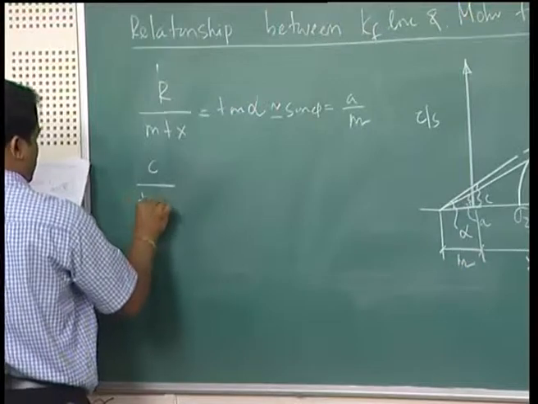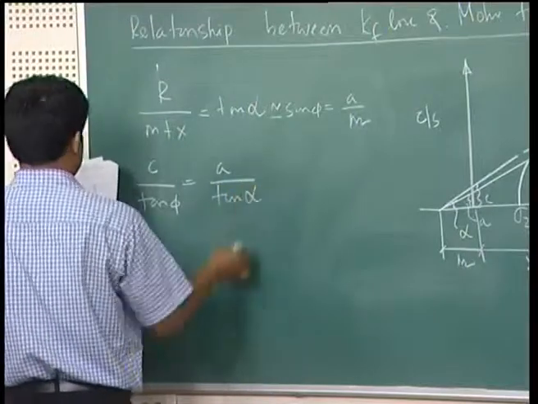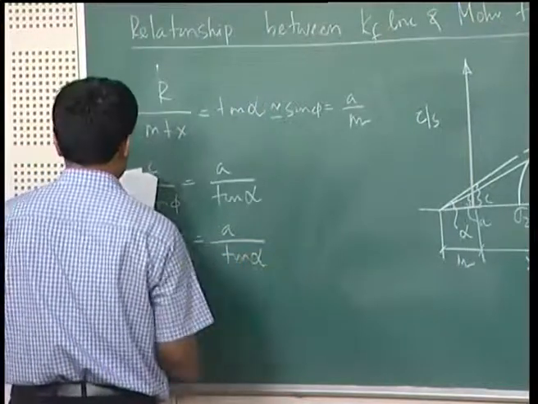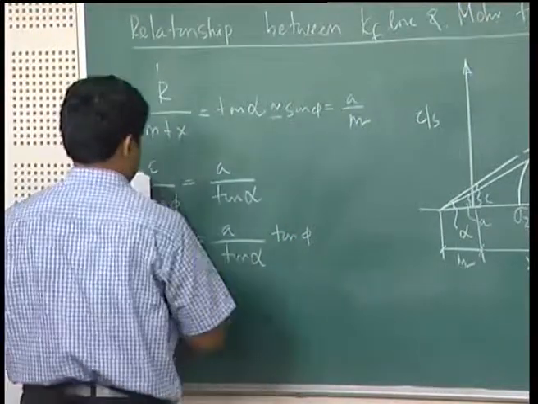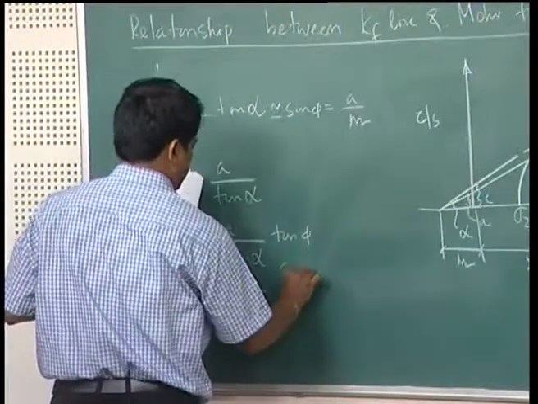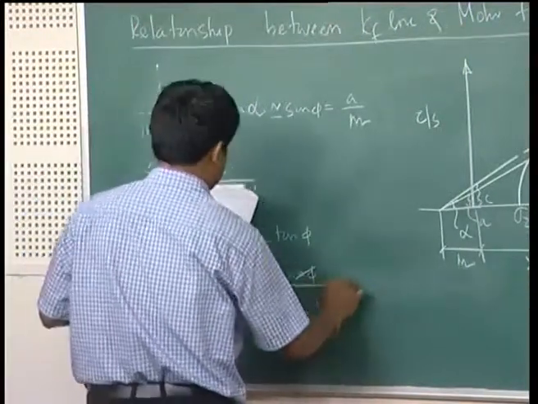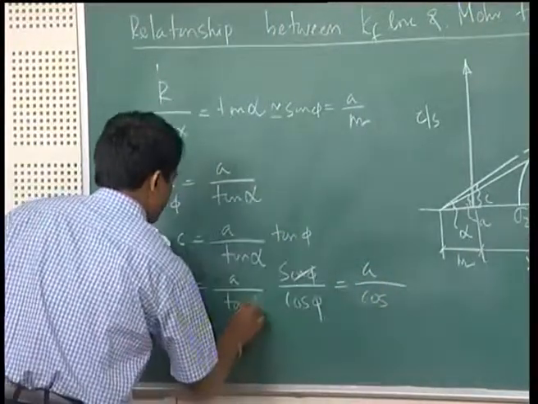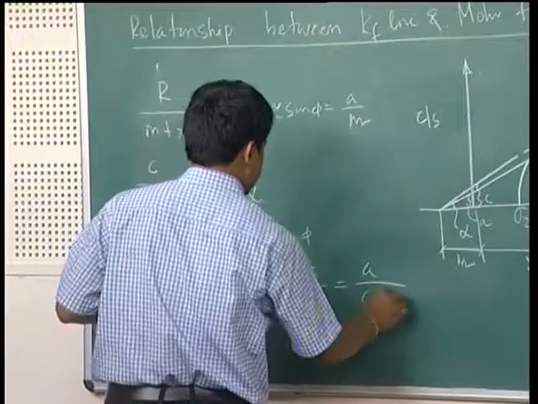C by tan phi, A by tan alpha. C is equal to A by tan alpha, tan phi, which is equal to A by tan alpha, sin phi by cos phi, which is equal to A by cos phi.